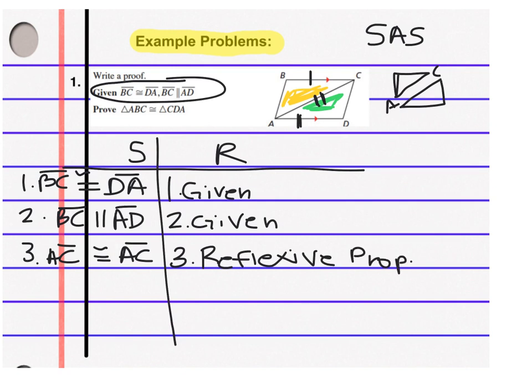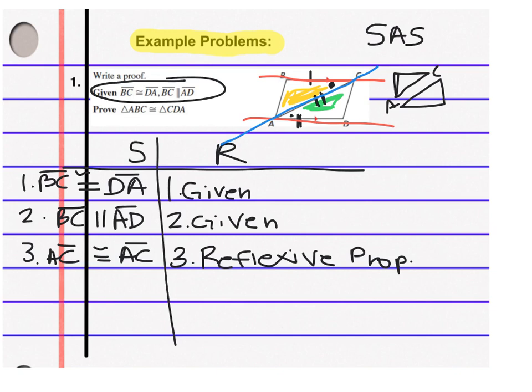Then lastly, I need to talk about the included angles. So these angles right here. Since I have parallel lines cut by a transversal, I can say that those two angles are congruent.